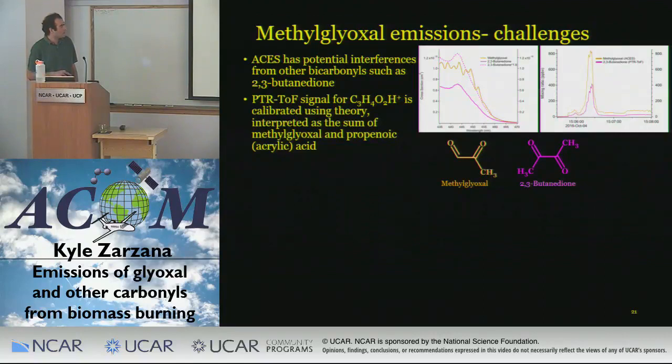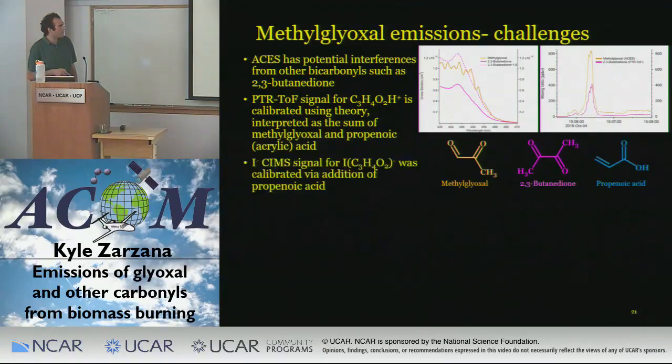The PTR-TOF does measure a signal at C3H4O2H+, the methylglyoxal mass, but there's another molecule there, propanoic acid or acrylic acid, that is going to show up at the same mass. The PTR-TOF signal there was calibrated with theory, and they just said it's an equal amount of methylglyoxal and propanoic acid. They didn't have a way of separating out those two.